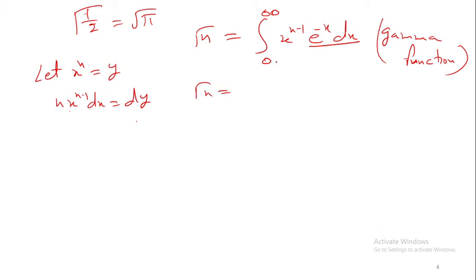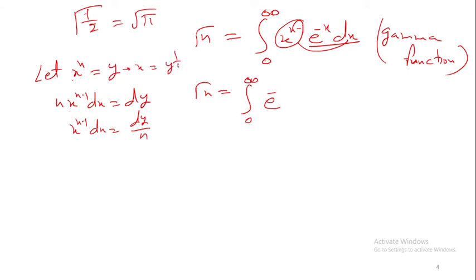If x is 0, y will be 0, and if x approaches infinity, y also approaches infinity. Now in place of x power n minus 1 dx, I write dy upon n. In place of x, I have to write y: x is equal to y power 1 upon n.